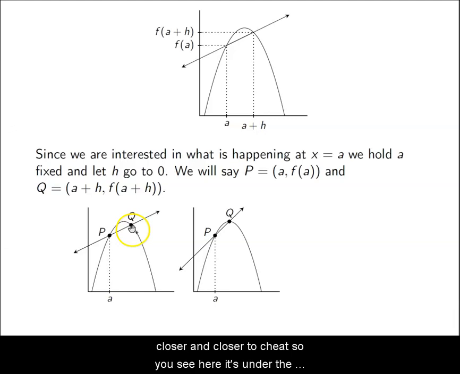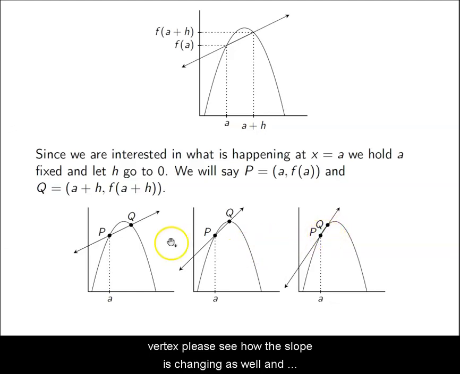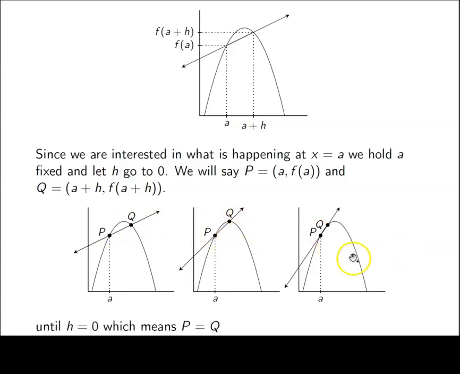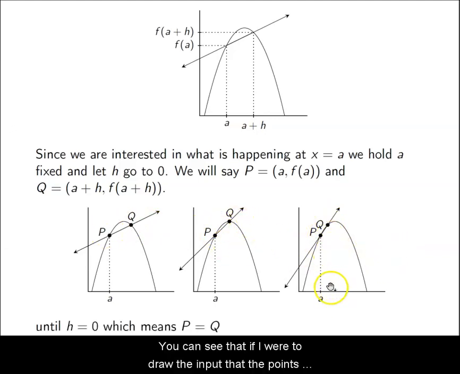So you see here, it's under the vertex. Here I'm at the vertex. Here I'm just past the vertex. So you see how the slope is changing as well. And the points P and Q are moving closer together. You can see that if I were to draw the inputs, the points are moving closer together, right? So I'm going to keep doing this until H goes to 0, which would mean that P and Q are the same point.